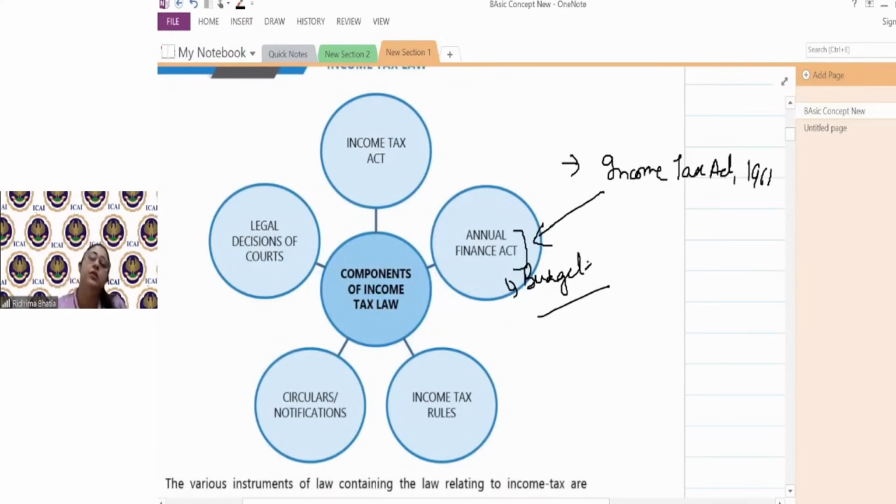So through the budget, some amendments are proposed in the Income Tax Act to make it relevant to the present times, to understand the concerns of the stakeholders, to value the time value of money, because money then had a different value. Money today has a different value, to take the impact of inflation, everything to understand it. उसमें कुछ amendments आएगा. It will come through the Annual Finance Act. We will discuss them in detail again.